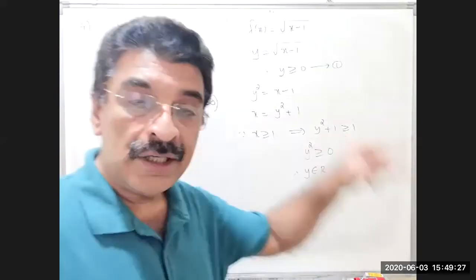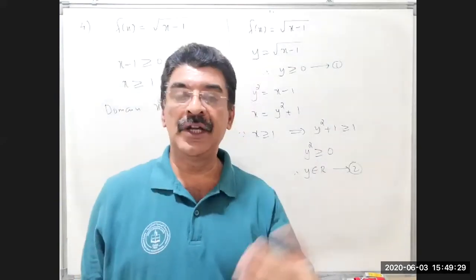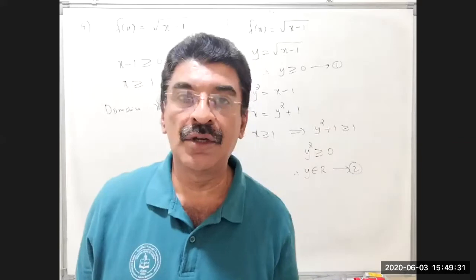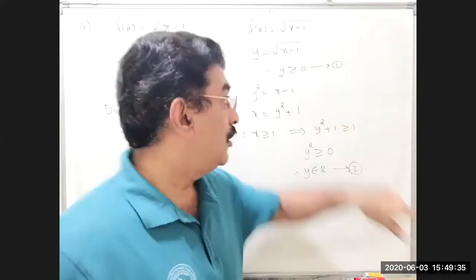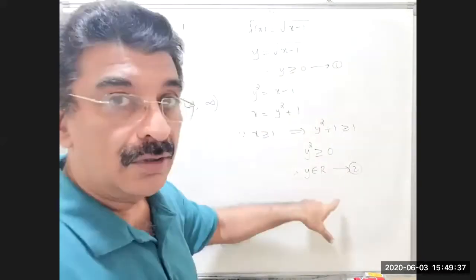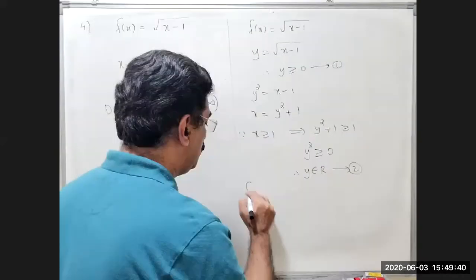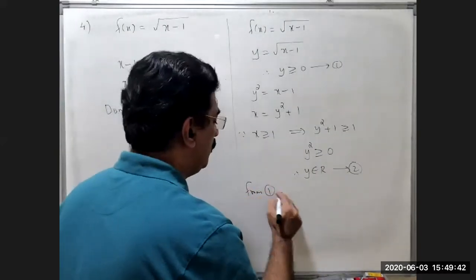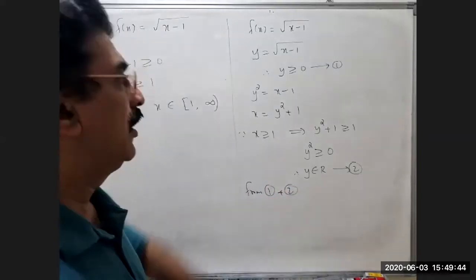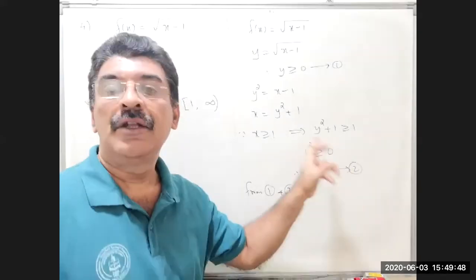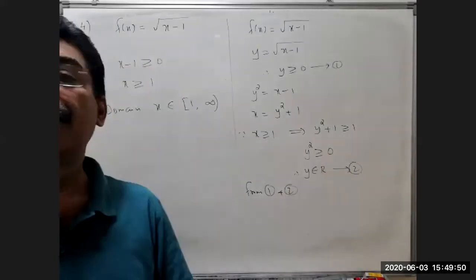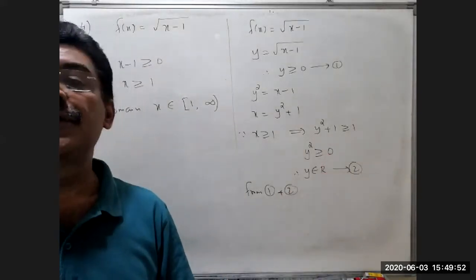If the condition is y squared greater than or equal to 0, that means y can be any number. Now, combining 1 and 2, what can we write? Y is greater than or equal to 0, and y belongs to R. The common part, is 0 not a real number?